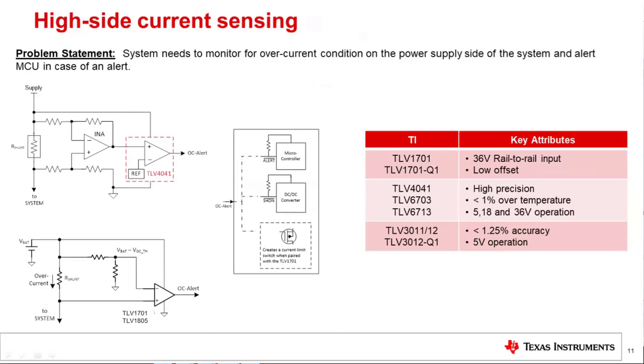But that comparator output, that overcurrent alert signal, you can see can go into a variety of places in your system. And that's what this middle box is showing, right? I can go to a microcontroller and set up an alert. I can shut down a DC/DC converter. Or, and this is a more unique case, I can drive a MOSFET directly and then simply open or close it, separating my system from my power whenever I need.